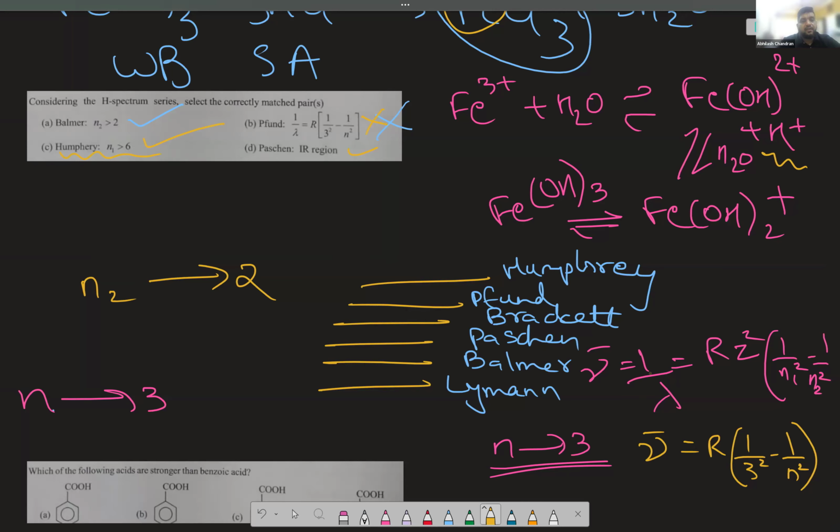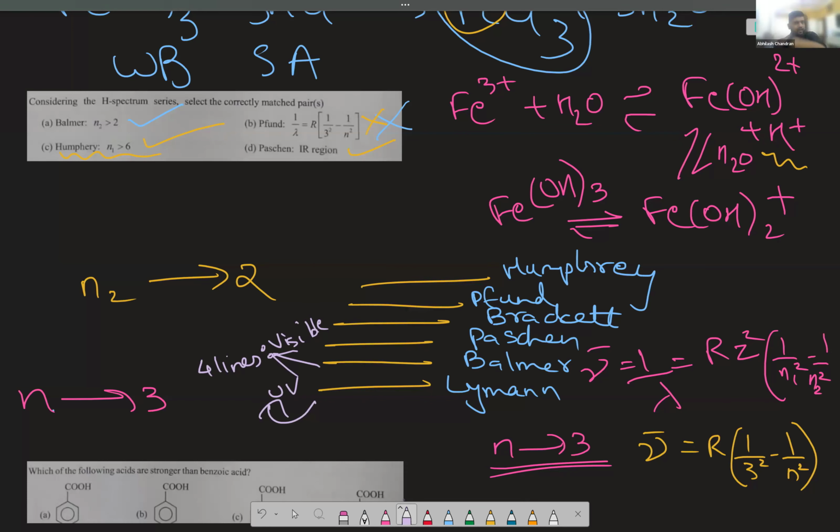And Paschen series is in infrared region, true. Lyman series is in UV region. As far as Balmer series is concerned, you have 4 lines, the alpha, beta, gamma, delta, in your visible region. In Balmer, right? Ultraviolet is in your Lyman series.